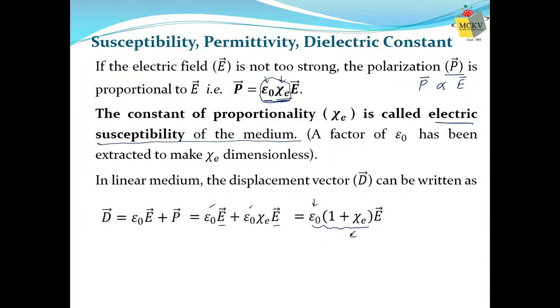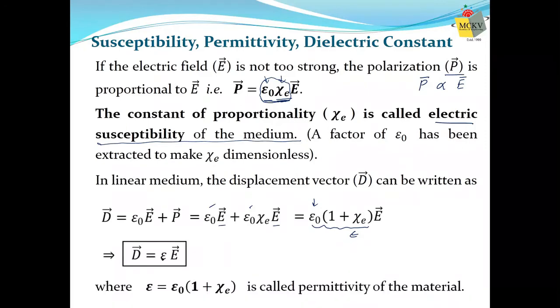So I am giving it another name. I'm calling it epsilon, which is called the permittivity of the medium. You have also used permittivity when you studied electrostatics in class 12. For free space, for vacuum, this value is epsilon naught, the free space permittivity.